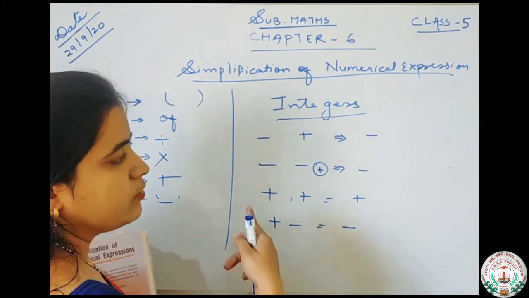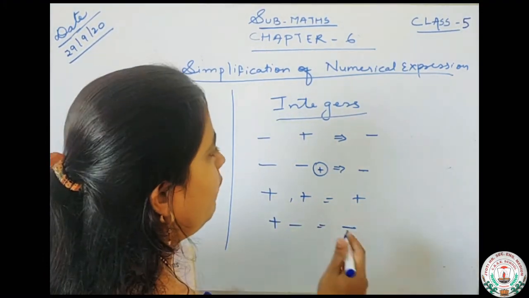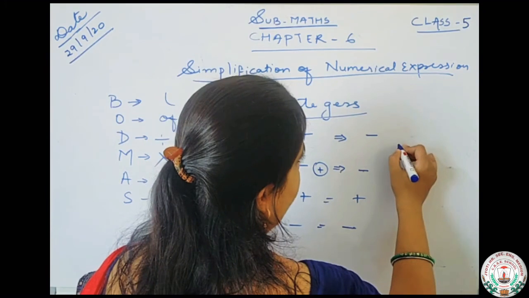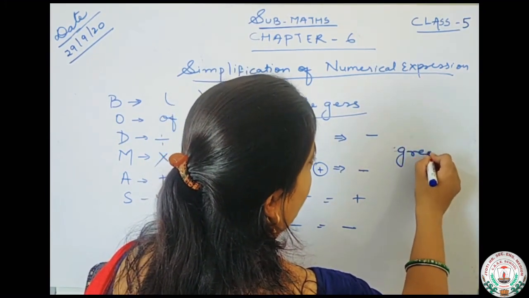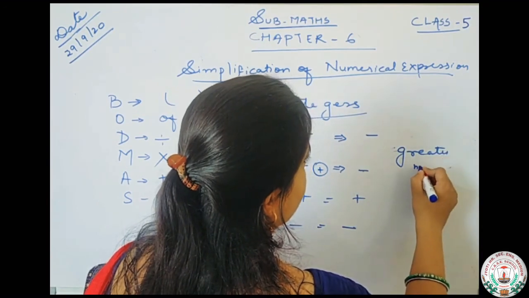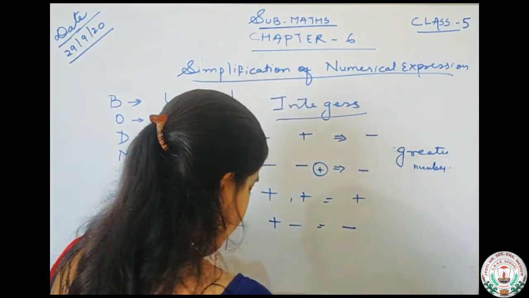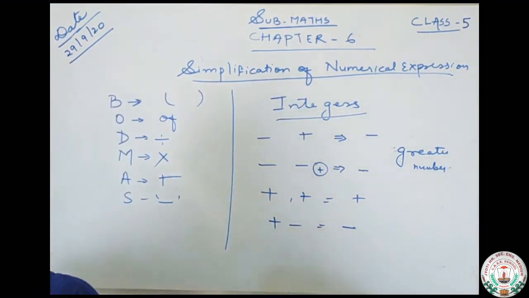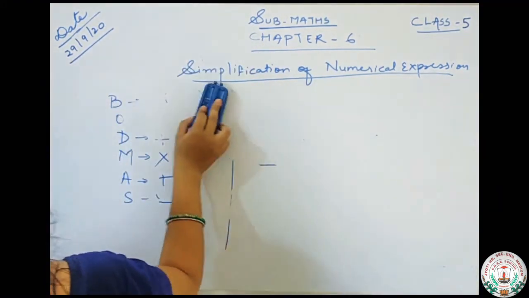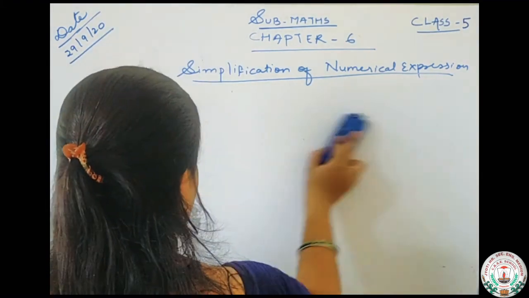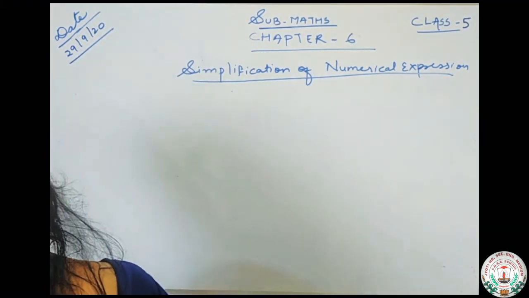Plus minus is also minus. While solving these, you will see which sign is given before the greater number. You will put the greater number's sign. Okay. Let's solve one example, and then we will solve the exercise.